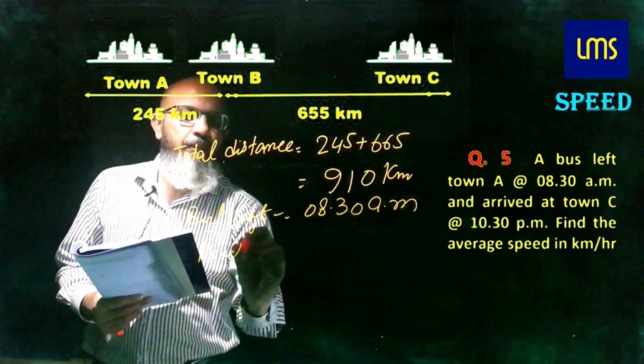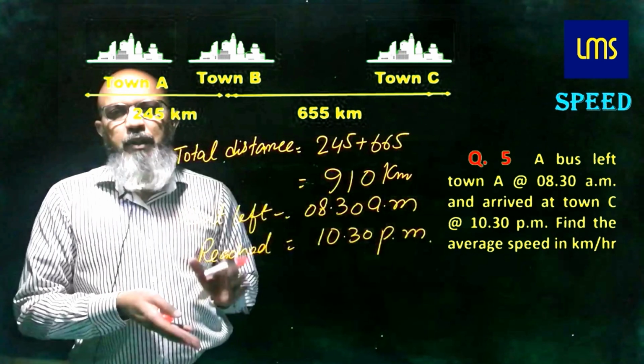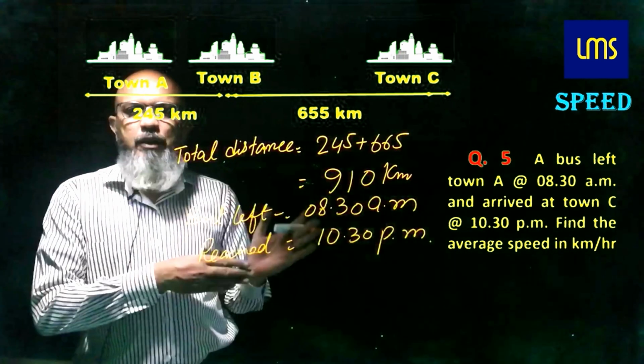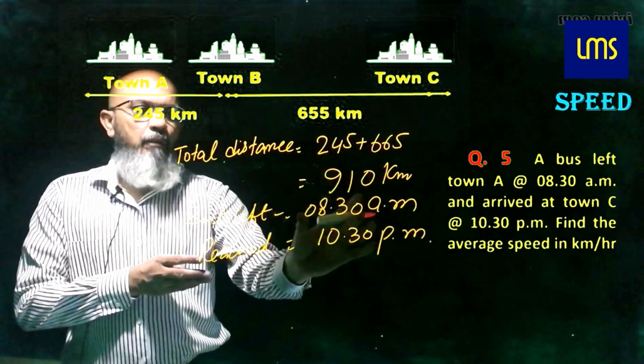You know it very well now. In previous classes you did these sums of time. AM timing is from night 12 AM till noon, and after 12 noon the time comes PM timing, right? 8:30 AM means 8:30 in the morning, and 10:30 PM means 10:30 at night.